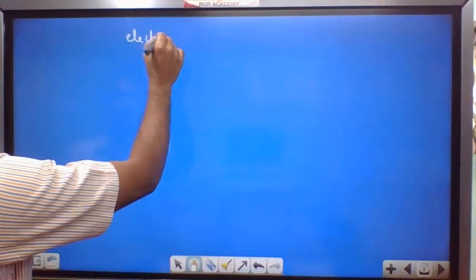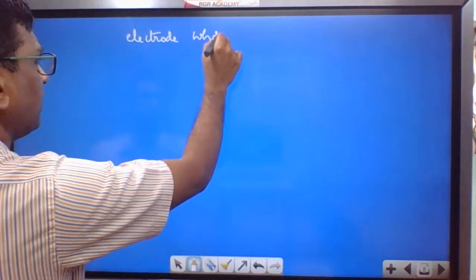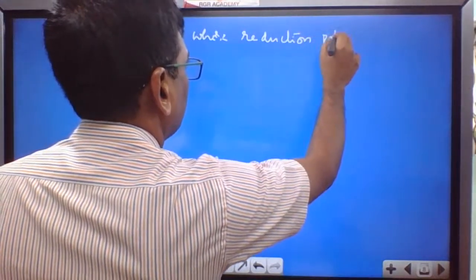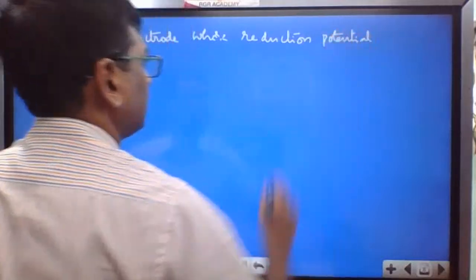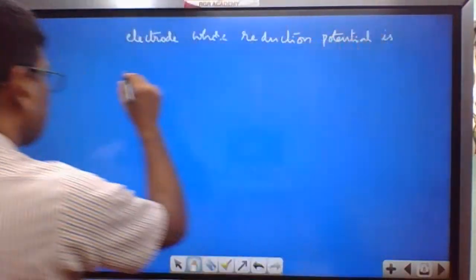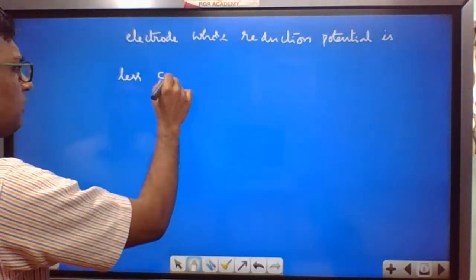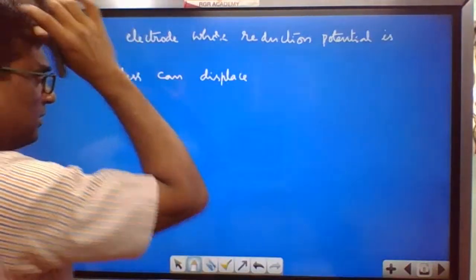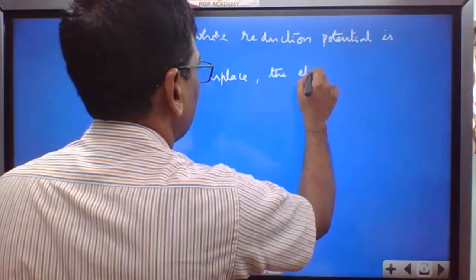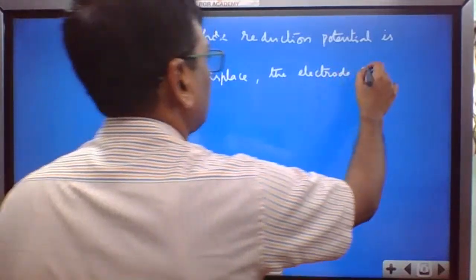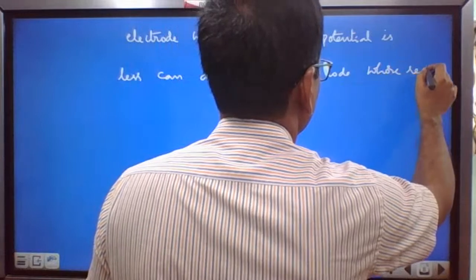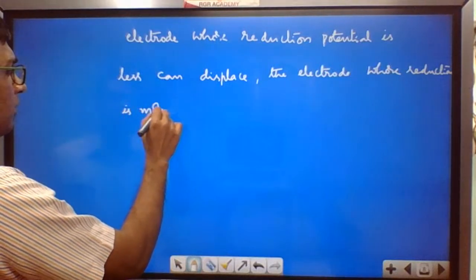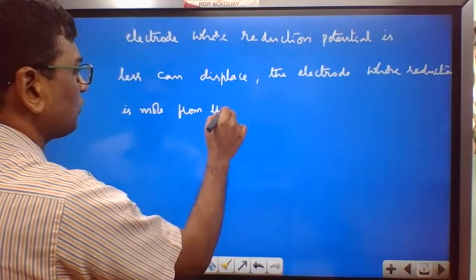An electrode whose reduction potential is less can displace the electrode whose reduction potential is more from the salt solution.